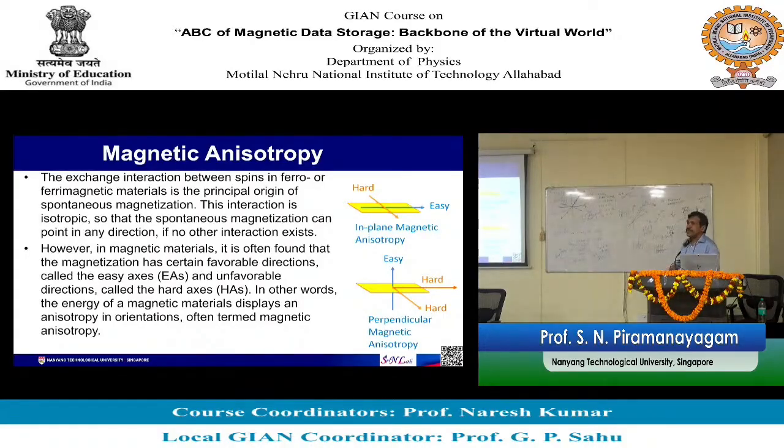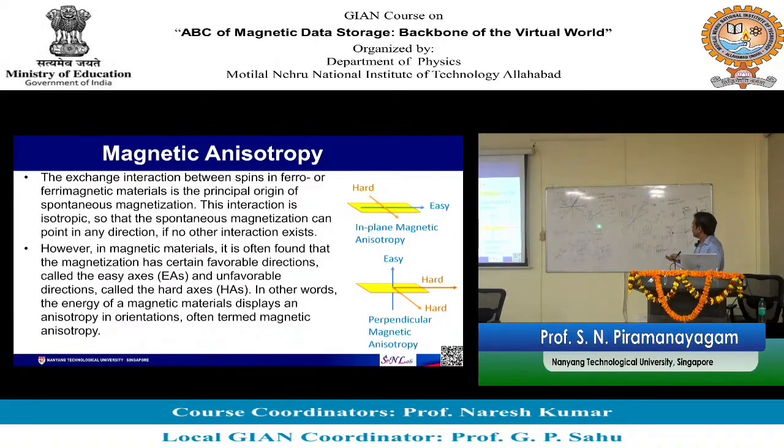Okay, so we learnt about two different types of material: soft magnetic materials and hard magnetic materials. So now the next question is, why are some materials hard, why are some materials soft? What makes some materials hard, what makes some materials soft?